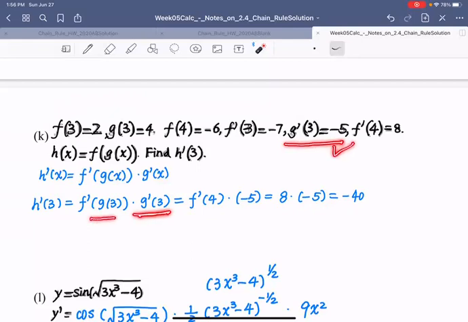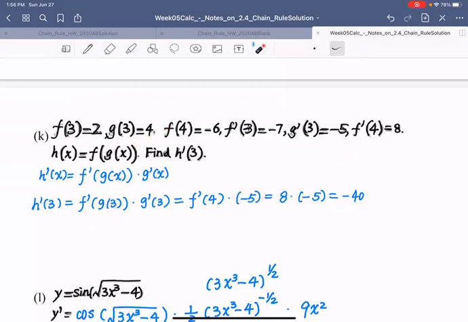G of 3 is given as 4, so g of 3 is replaced by 4. This becomes f prime of 4, and g prime of 3 is -5. Copy down -5. F prime of 4 is 8. 8 times -5 equals -40.